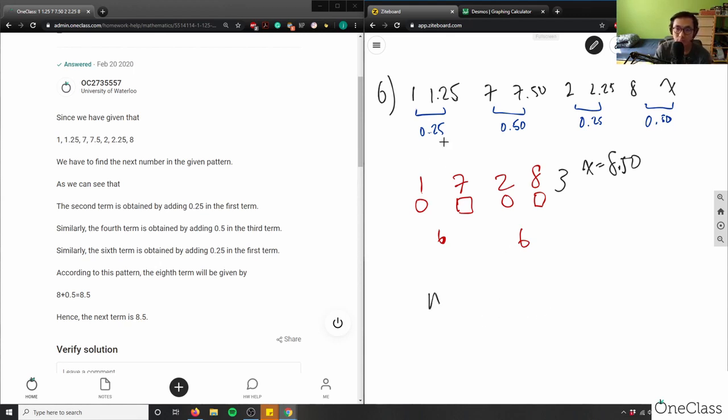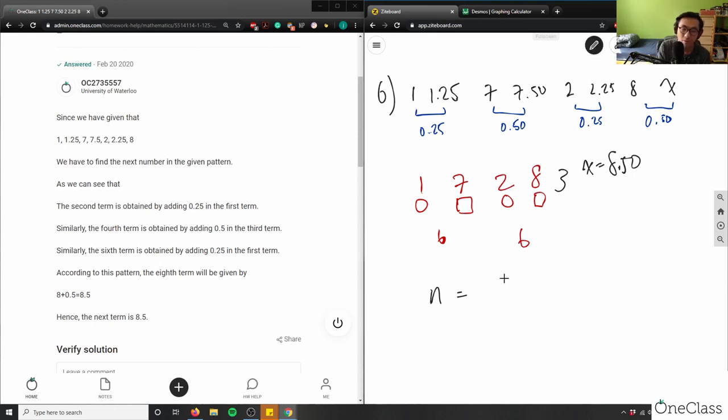So basically I can say something like, nth term would be, if I'm going from n to n plus 1 here, I'm adding 0.25, right? So n at 1 would equal n at 0 plus 0.25, right? And this is for every odd number. So this would be n minus 1 actually, because I'm doing a general formula. And this is for every odd number here.